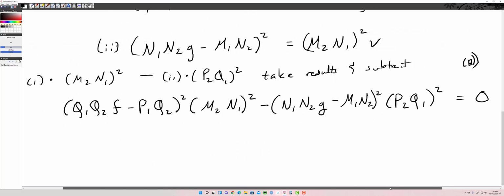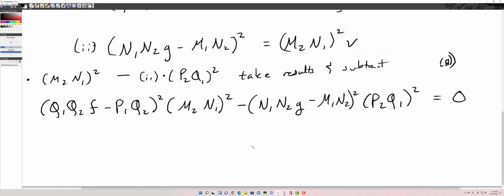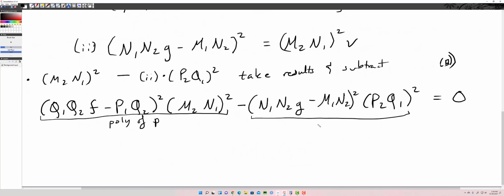Okay, now here's where you have to bear with me a second. This is a polynomial of P.